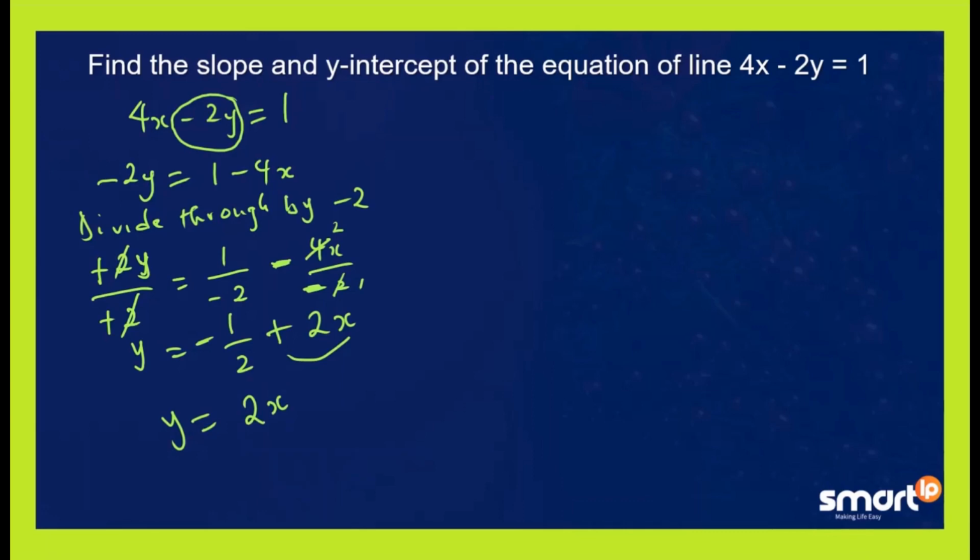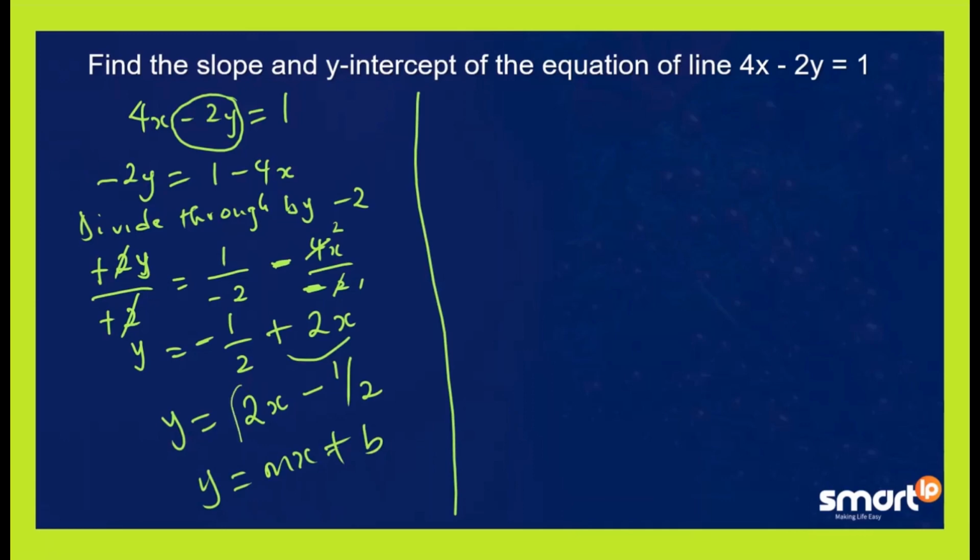And then the other one is negative 1 over 2, so we're going to write the negative with it, minus 1 over 2. Okay, good one. So if we compare this with equation of line, which is y equals mx plus b, we will discover that m is 2 while our b is minus half.